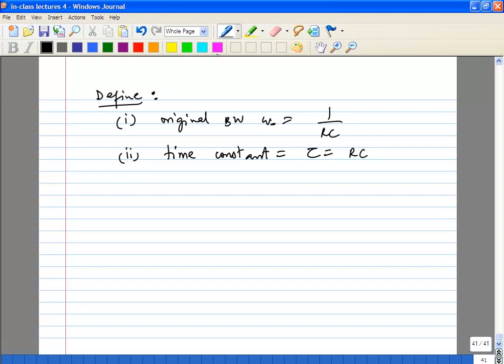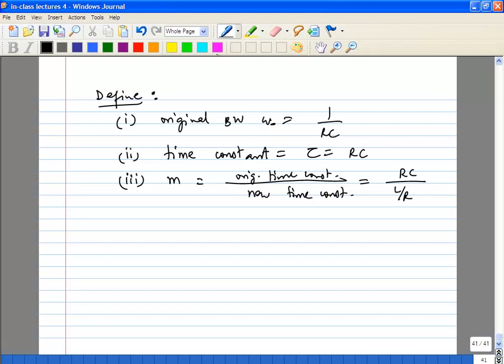We are going to define a factor called M. M is nothing but the original time constant, RC, over the new time constant added, which is L over R, the time constant of the 0.